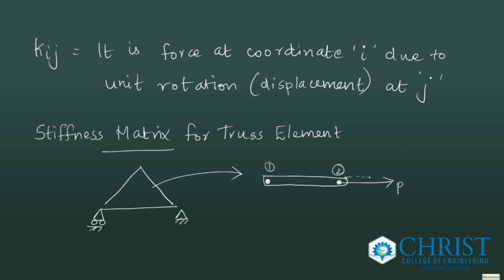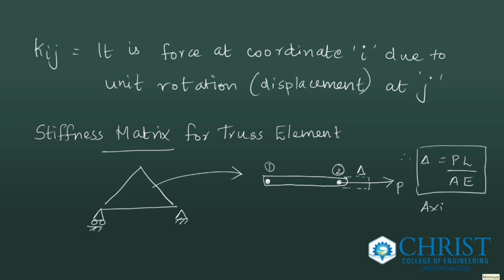So this element 1-2 is just experiencing a single load, that is P load, and that load causes the truss element to displace, and that displacement is represented by the letter delta. Axial force is applied and axial displacement delta occurs. We know by mechanics of solids we have studied delta is equal to PL by AE.